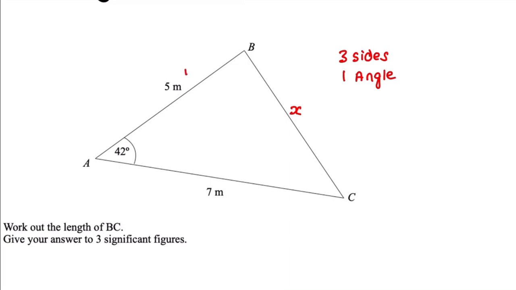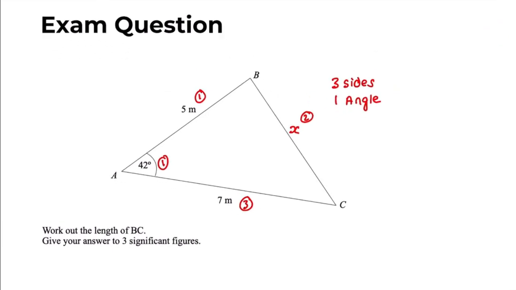So we've got one side, two sides, three sides, and then one angle. We've got the split as three sides and one angle. That's why we're using the cosine rule. We use the sine rule when we had two sides and two angles, including x. Over here, we have three sides and one angle, including x, and that's why we're using the cosine rule.